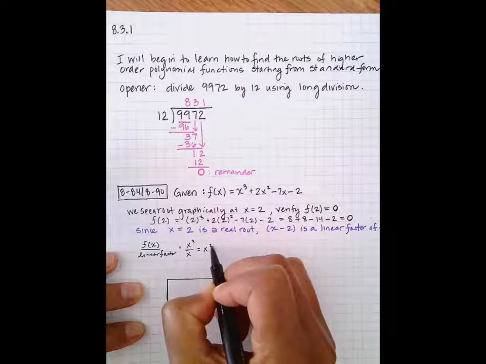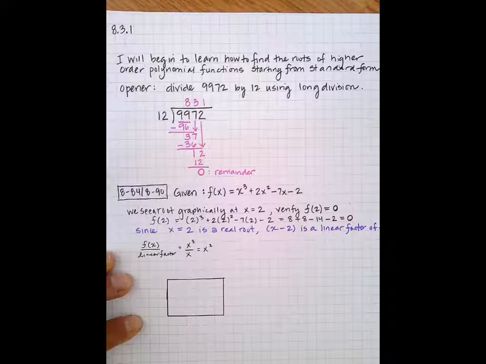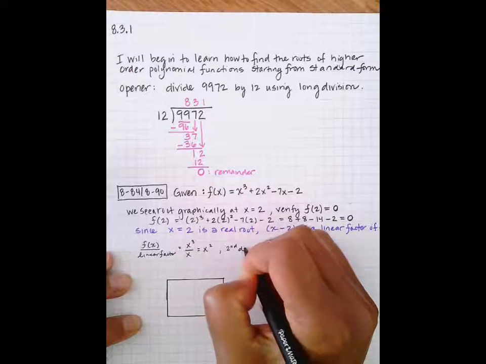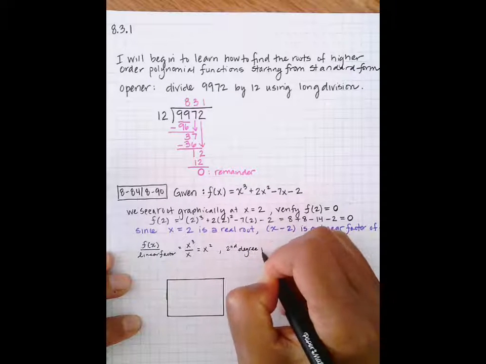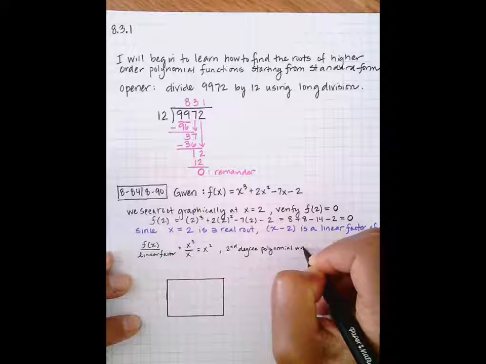I would end up with an x squared like polynomial. So this is going to result in me having a quadratic, and so a second degree polynomial would remain.